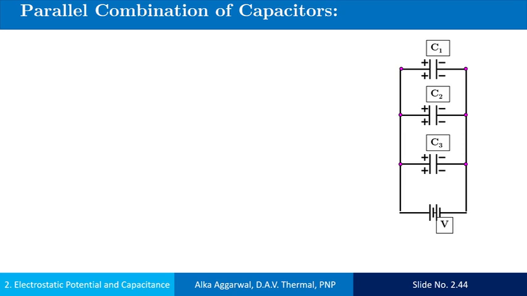Since they are connected in parallel, so potential difference is same across each capacitor, that is V. However, charges in different capacitors will be different. Let it will be Q1, Q2 and Q3 such that Q is equal to Q1 plus Q2 plus Q3.